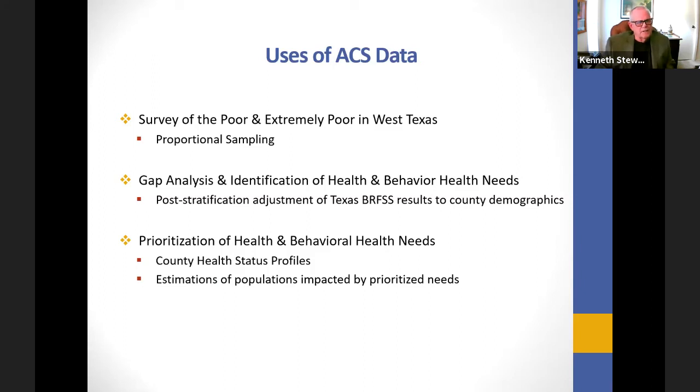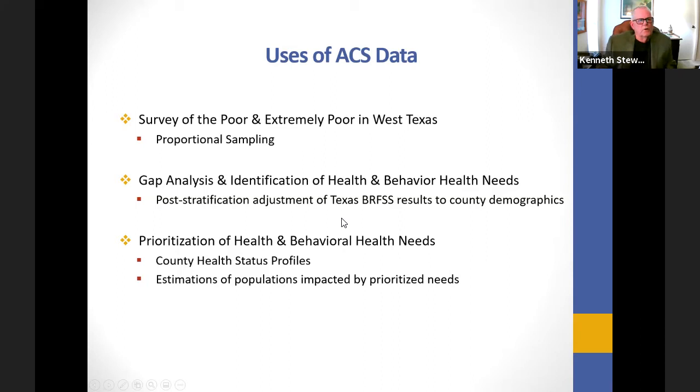We also conducted a gap analysis identifying differences between our survey and what the Texas BRFSS showed in the pre-existing results. We needed to post-stratify the BRFSS indicators so that they were adjusted to the demography of our county. We used the ACS data for that purpose.